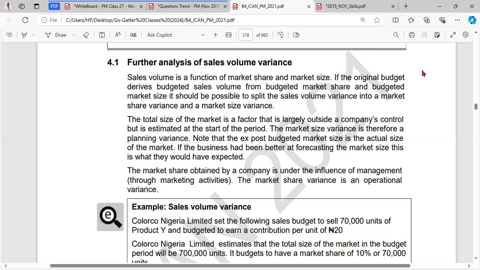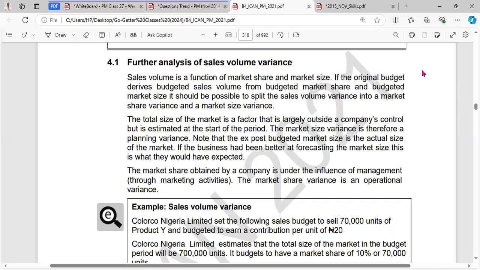We'll speak much more about it tomorrow. But let's just look at this note here. The total size of the market is a factor that is largely outside the company's control, but it's estimated at the start of the period.